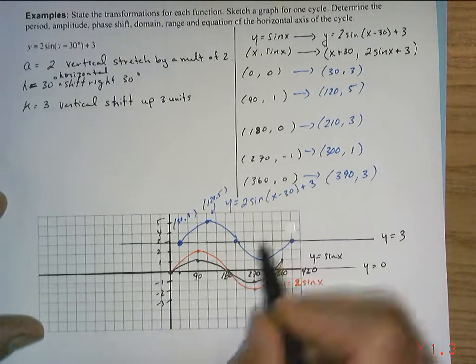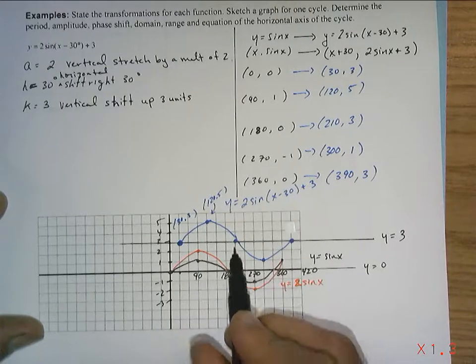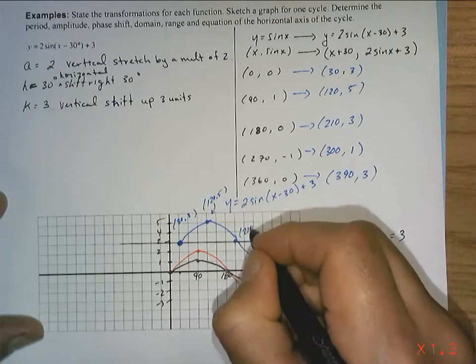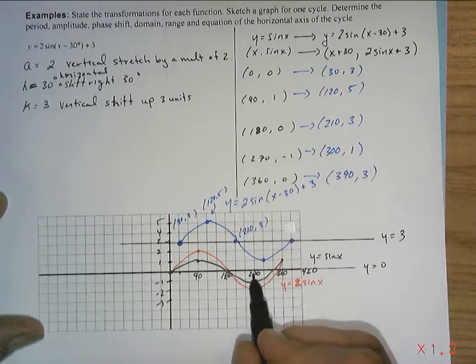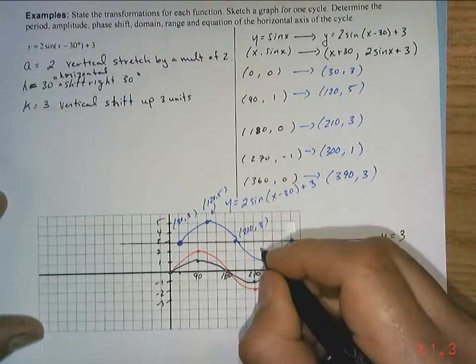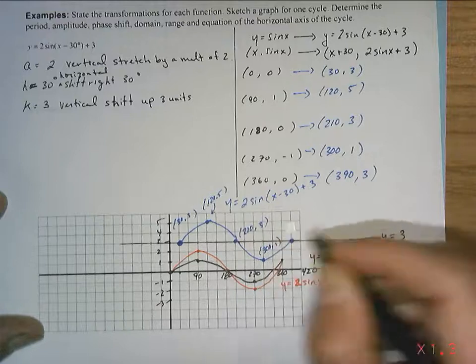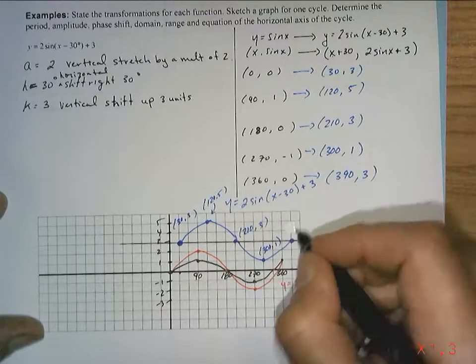This point, 210, so 180 plus 30 is 210, 3. This point should be 300: 270 plus 30 is 300, up to 1. And finally, 390, so 360 plus 30 is 390, up to 3.